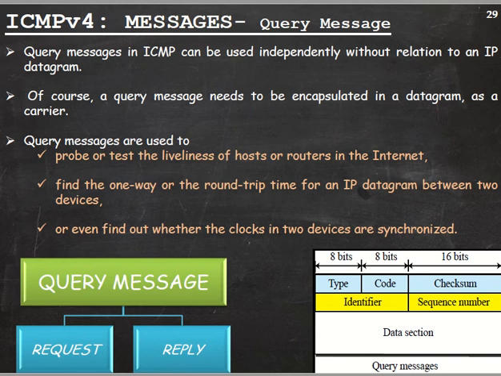Similarly, there is one more type of query message called the timestamp request, the type 13 query message, and the timestamp reply, which is the response to the timestamp request, of type 14. This pair of messages is used to find the round trip time between the two devices.